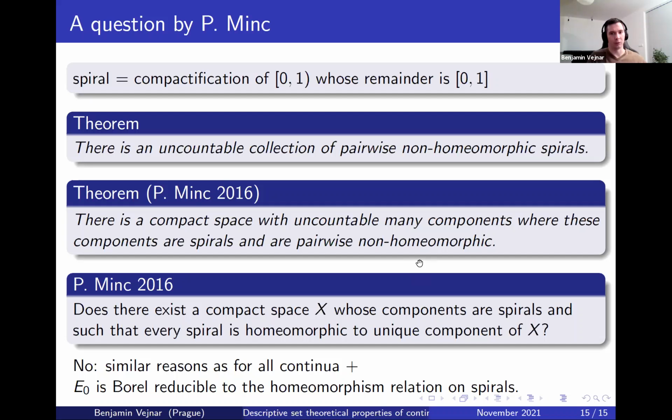He wrote a longer paper about this topic.